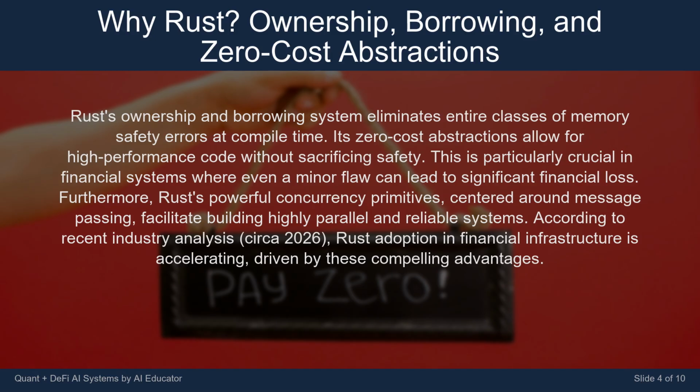Furthermore, Rust's powerful concurrency primitives, centered around message passing, facilitate building highly parallel and reliable systems, according to recent industry analysis. Circa 2026, Rust adoption in financial infrastructure is accelerating, driven by these compelling advantages.